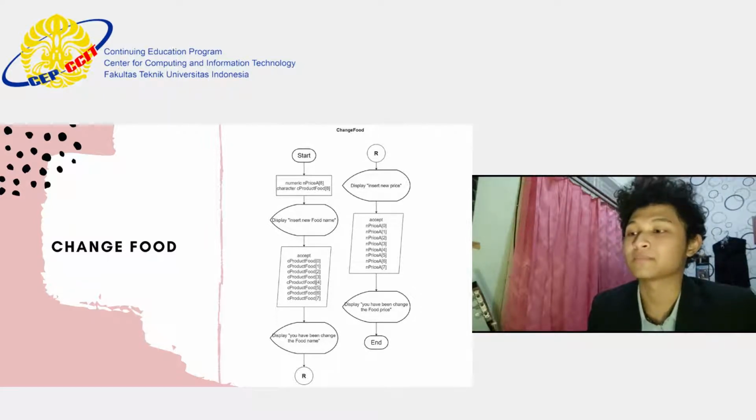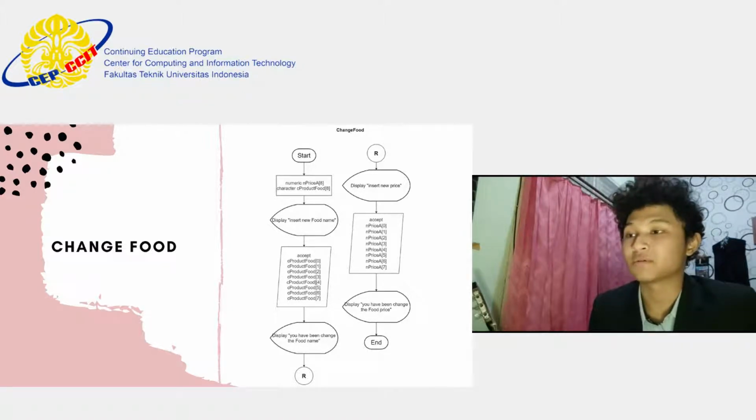We accept C product food 0 until C product food 7, and then we display you have been changed the food name, and we also separate this with an on-page connector labeled with the letter R.